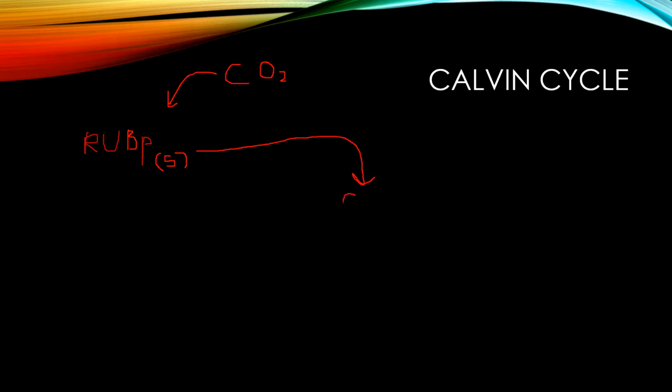Then you have GP, which is your 3-carbon compound, and you have 2 of these that are made. Then this is reduced to form TP, which is also a 3-carbon compound.